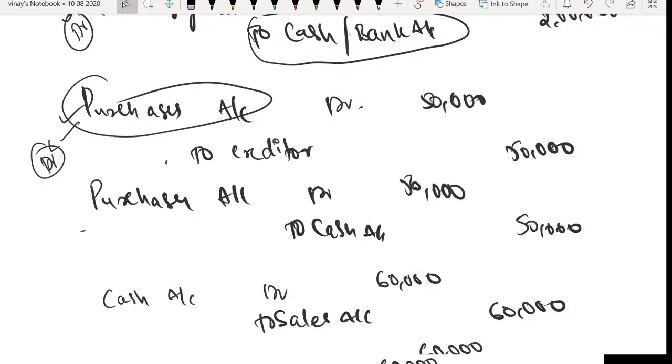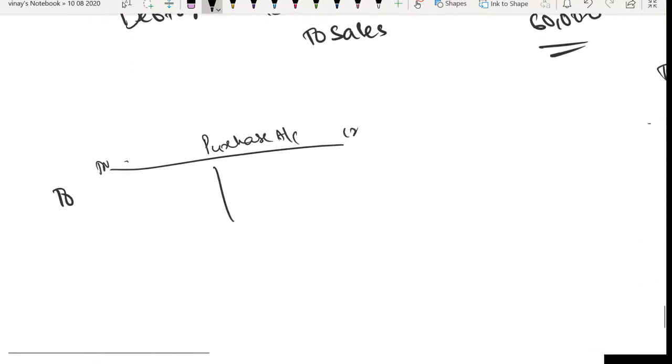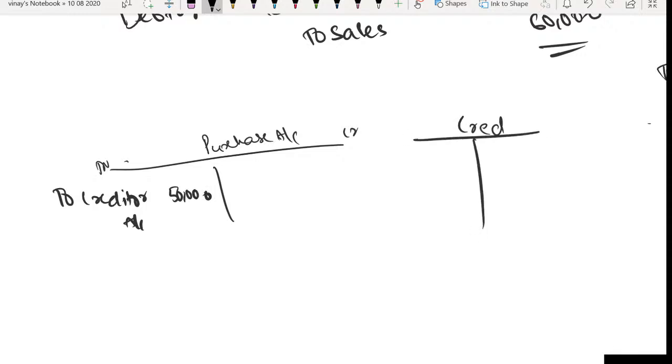So you will write on the debit side of the purchase account, to creditor account. You'll write amount 50,000. Then you should also write creditor account. A creditor was there on credit side, so on the credit side of creditor account you will write by purchases.